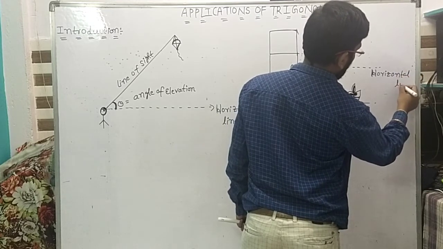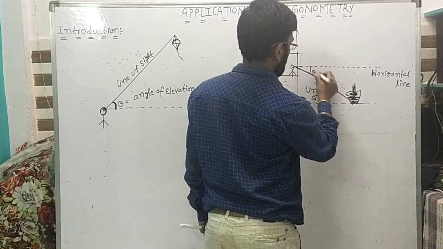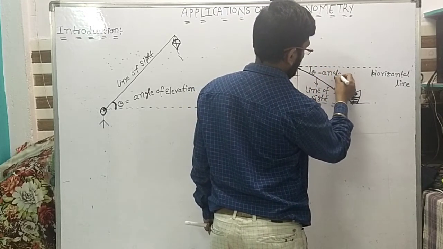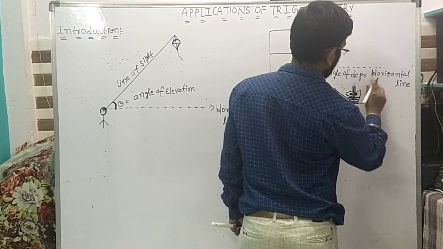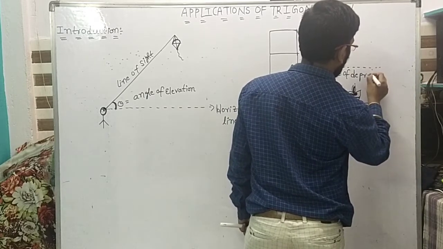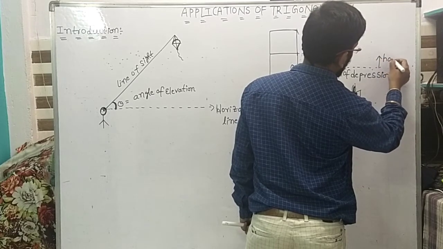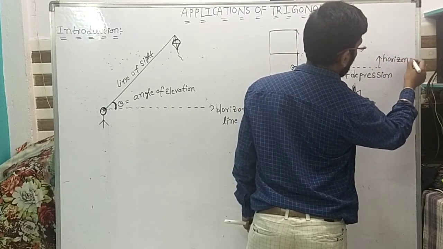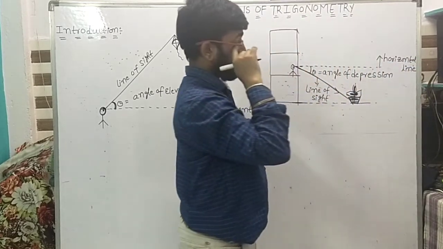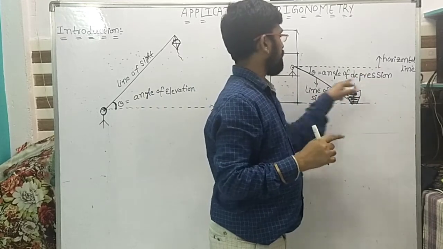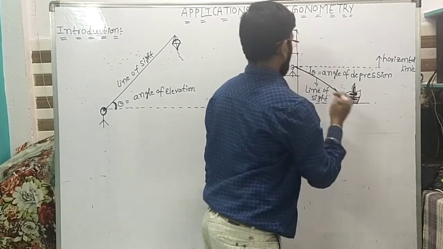The angle between the horizontal and this line of sight is called the angle of depression. Angle of depression. Okay, are you ready?